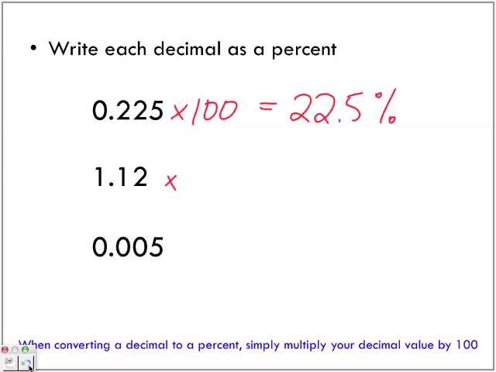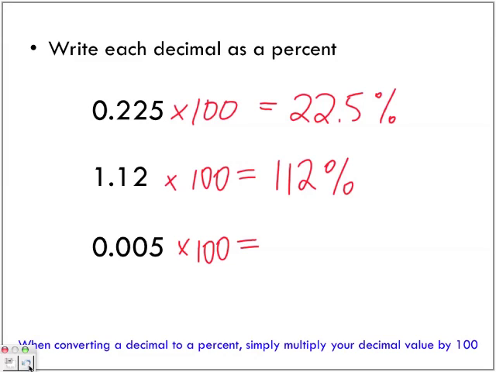1.12 multiplied by 100 will give me 112%. And this last one, we're going to multiply it by 100, and we're going to get 0.5%. And yes, we can have a decimal value for a percent.